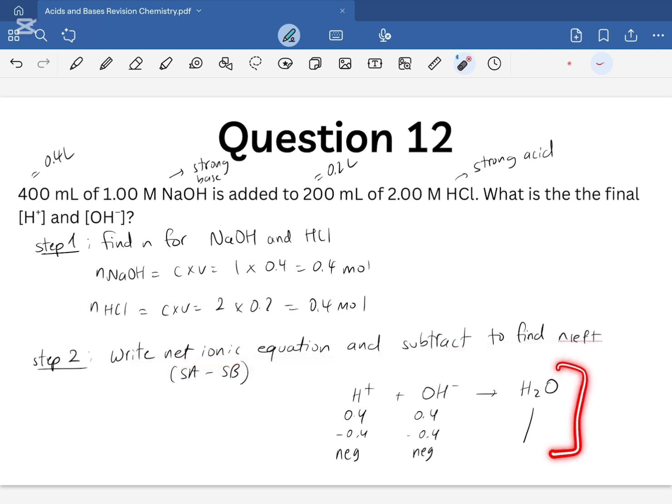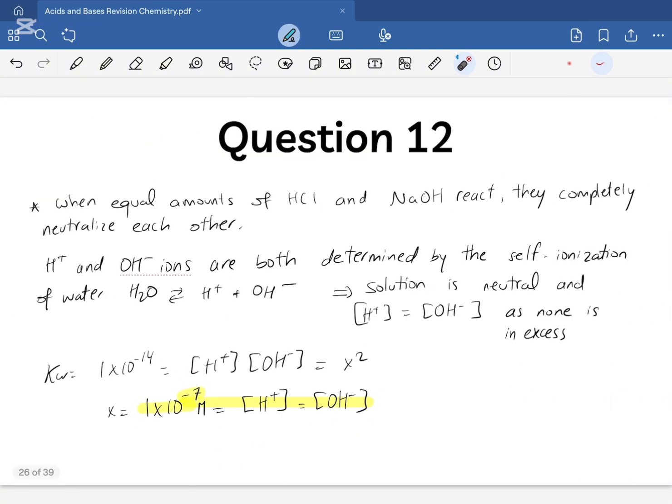Now this is not needed, but I wrote it over here to show you that the number of moles will be the same. And then at the end, neither H+ nor OH- will be in excess. So the concentration of H+ will be equal to the concentration of OH- at the end. So we need to know that when equal amounts of HCl and NaOH react, equal number of moles, they completely neutralize each other.